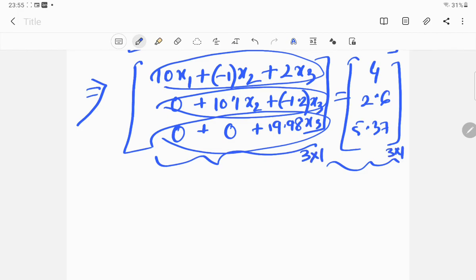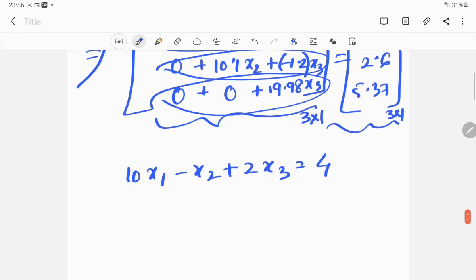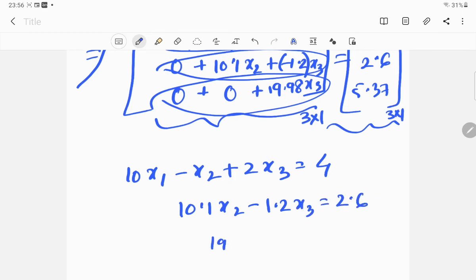So 10x1 minus x2 plus 2x3 is equal to 4, then 10.1 x2 minus 1.2 x3 is equal to 2.6, and 19.98 x3 is equal to 5.37.